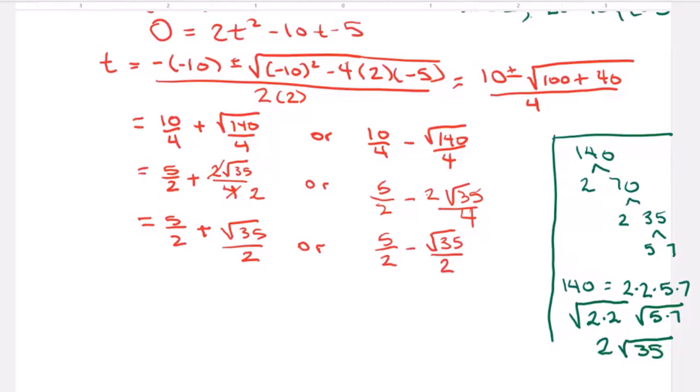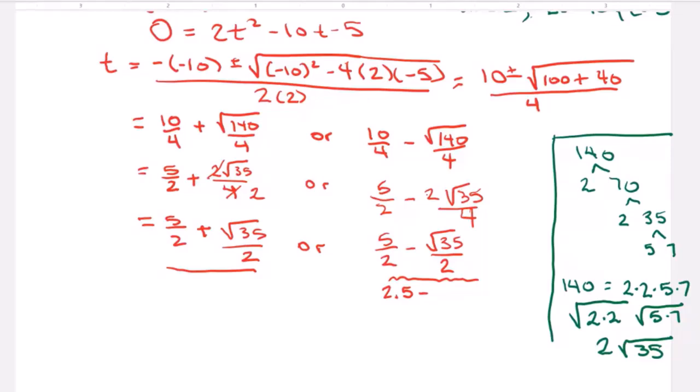Okay, now, before I do anything, I know for sure this is going to be positive, but let's just think about this for 1 second. This is really 2.5 minus square root of 35. Let's just say square root of 36 because it's very close to that. So it's pretty close to the square root of 36, which would be 6.